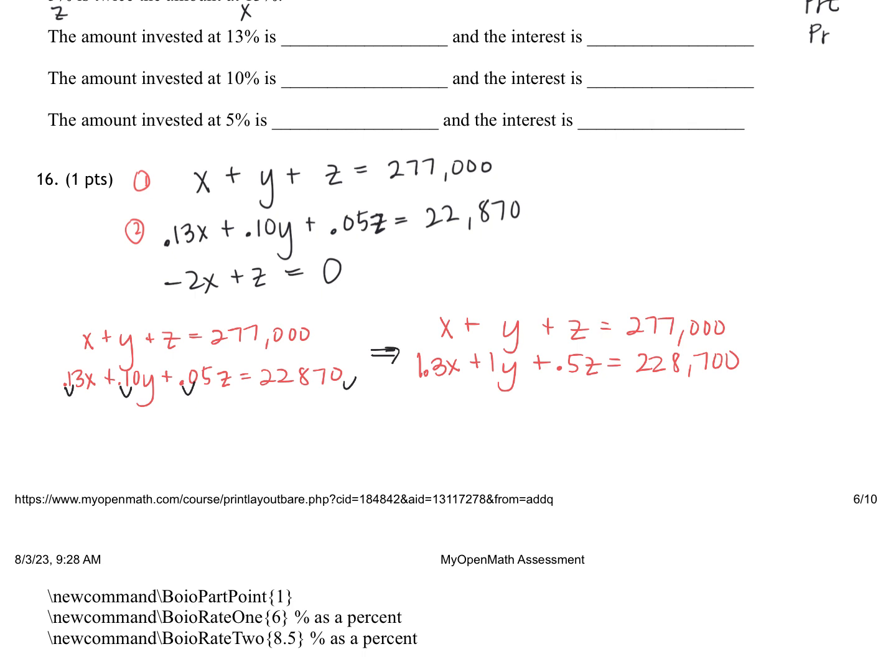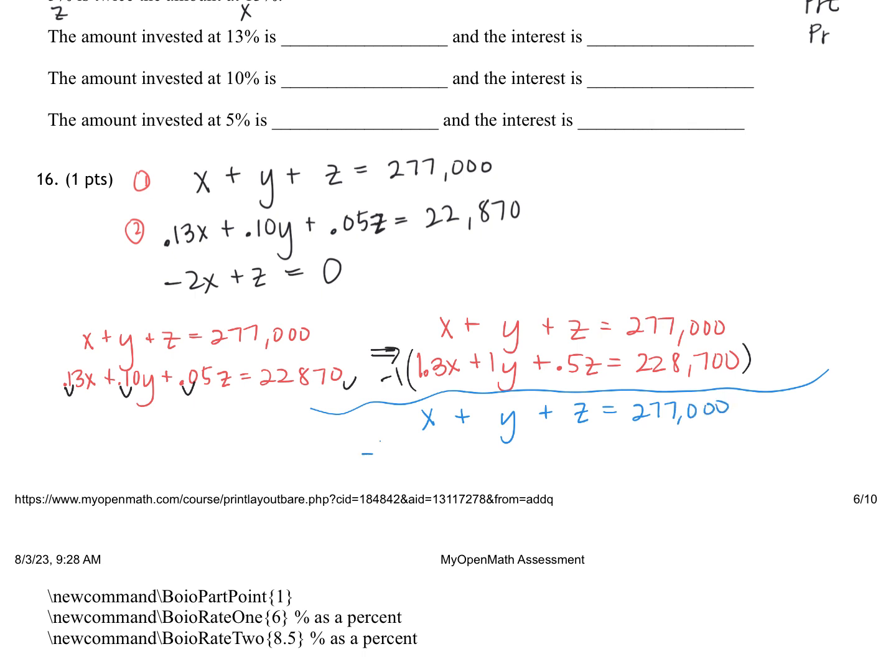So again, remember this first step, what I did was I moved the decimal over to the right one time. And now I want to multiply, it doesn't matter which one. Let's do the bottom one. I moved the decimal over one time, and then I want to multiply by a negative 1. So I'm going to change all the signs here. We'll have X plus Y plus Z equals 277 on the top.